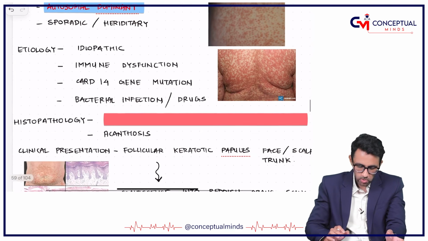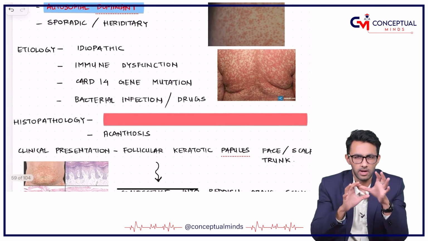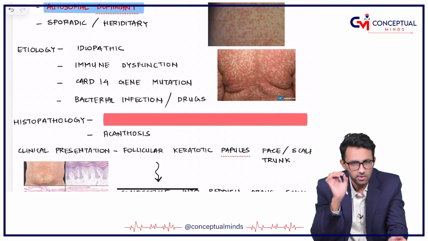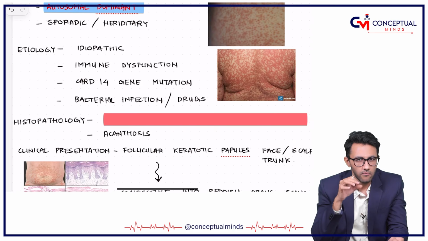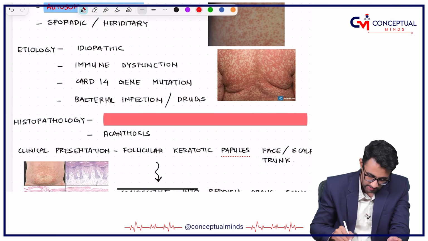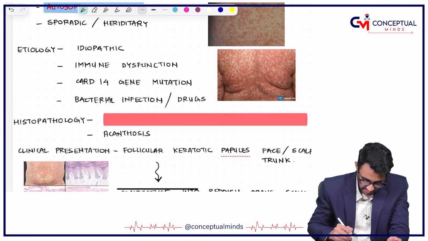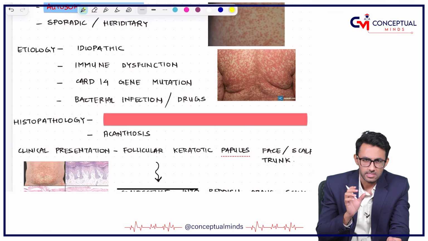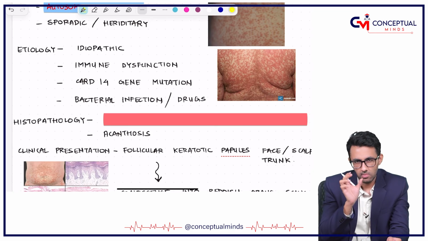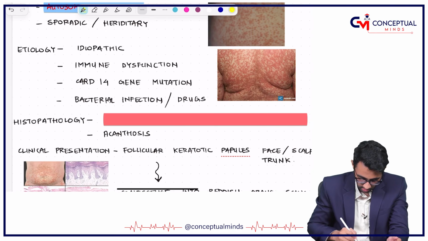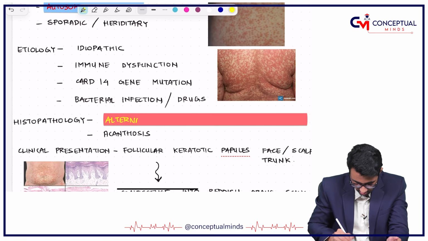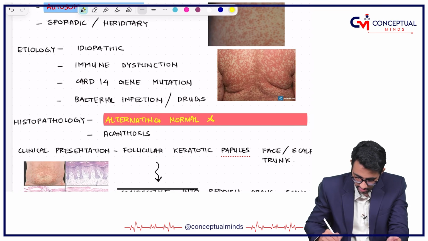Okay, but the histopathological finding is the most important in all of them. If we want to take two words from this for PRP, the first word is going to be this: alternating bands. Alternating bands of normal and parakeratosis.